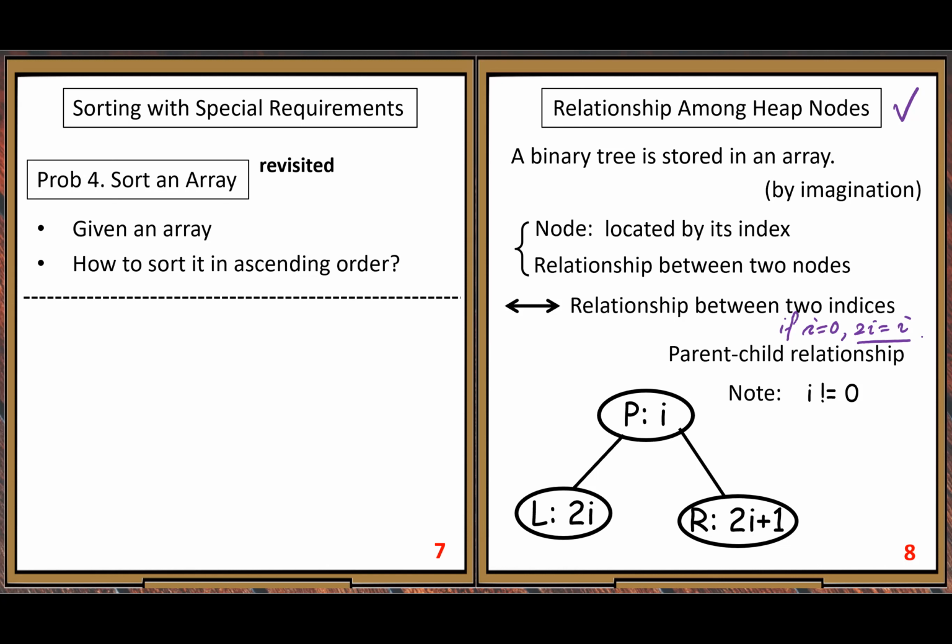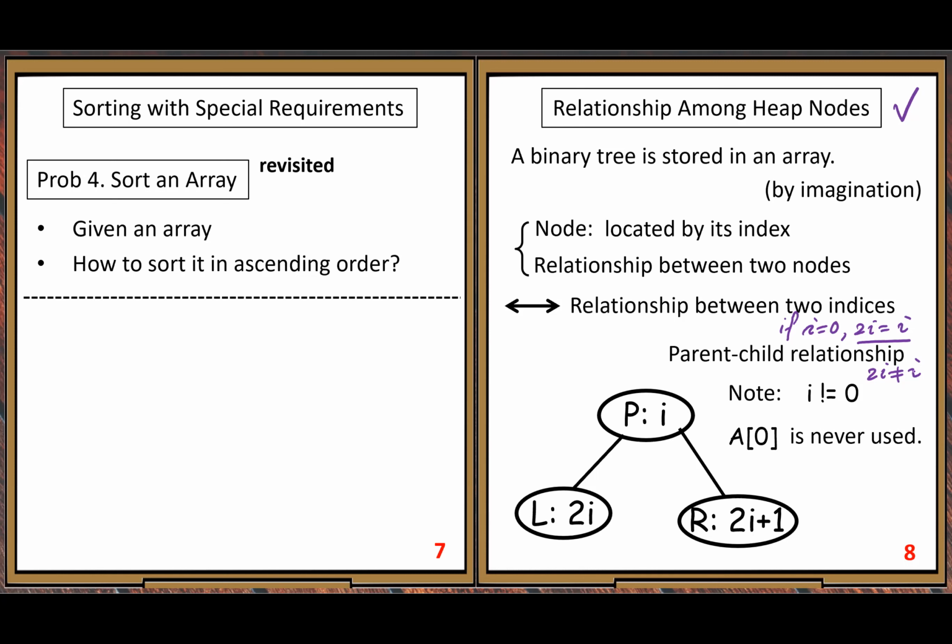That's not allowed, because we at least need 2I not equal to I. So that means in the array, the 0 location cannot be used for any node in the binary tree. So A of 0 is never used.